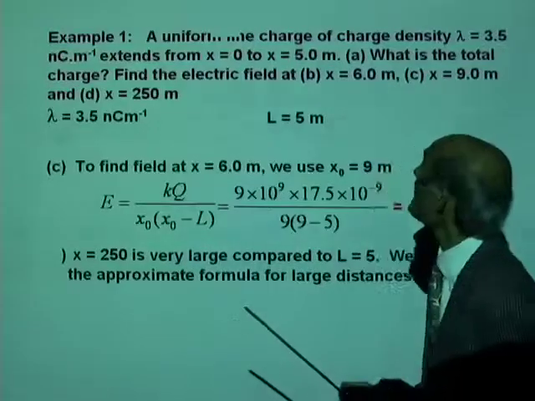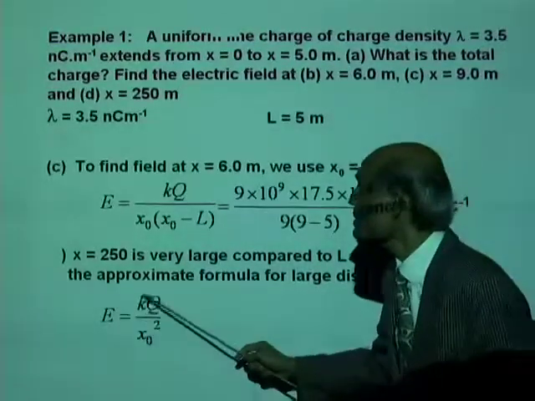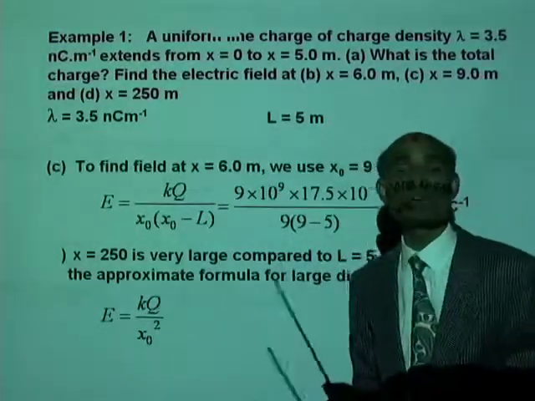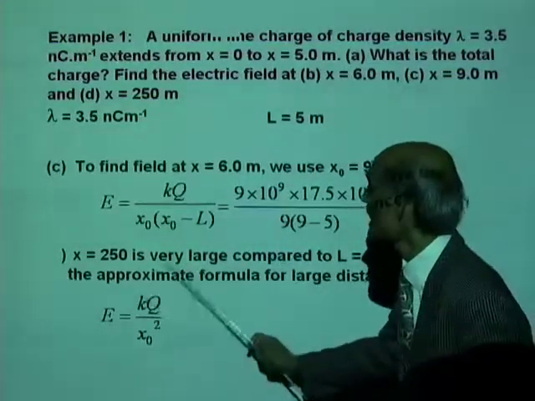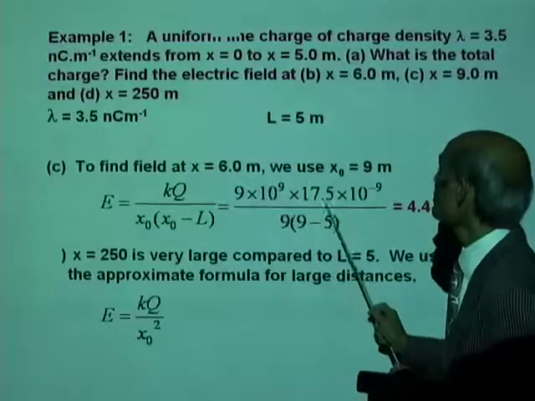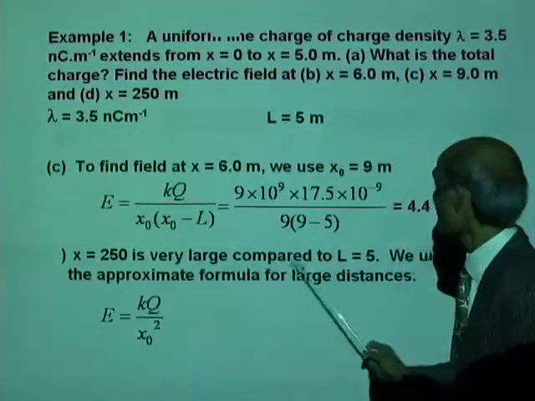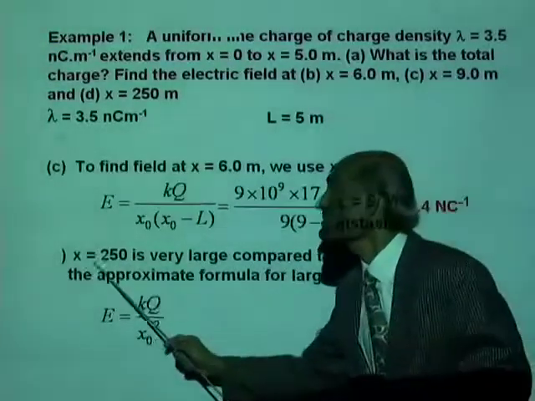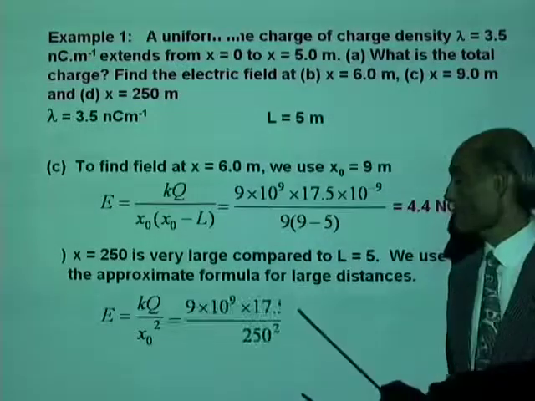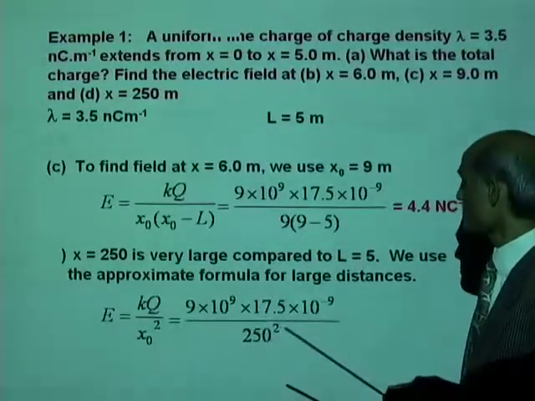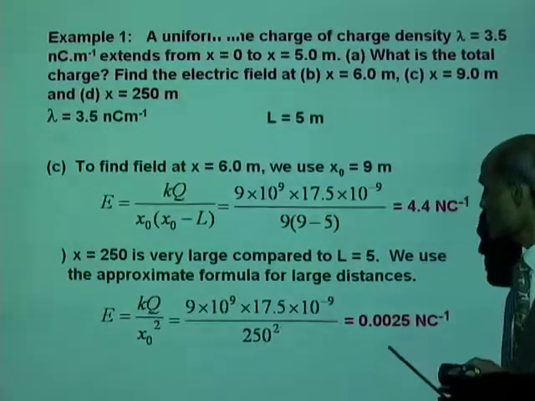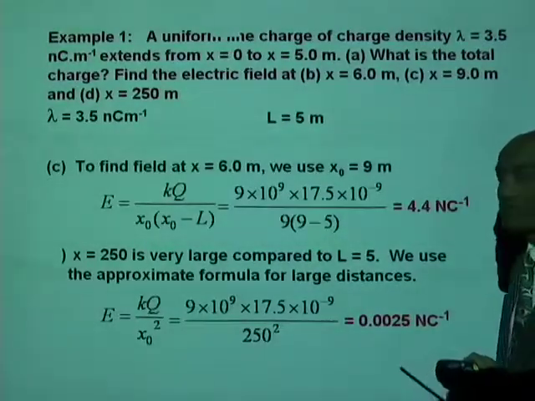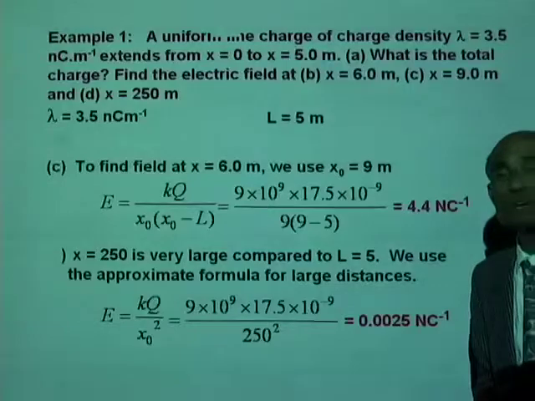So we use the approximate formula E equal to kq over x0 squared. Well, we know all these values. We know k, we know q, we know x0, which is 250. And using those values, we get the electric field as 0.0025 Newton per Coulomb.